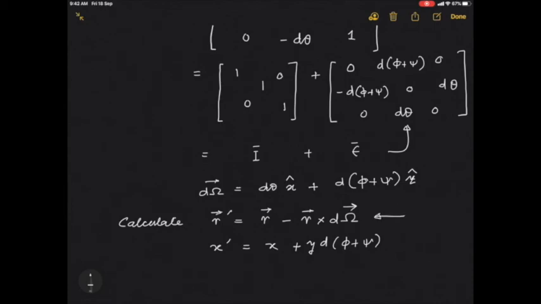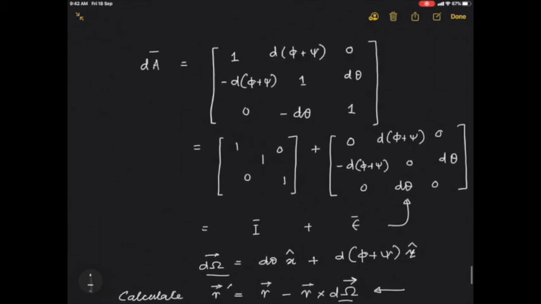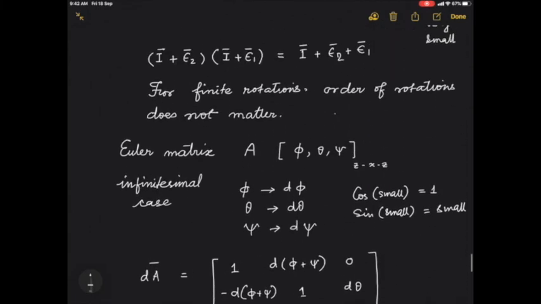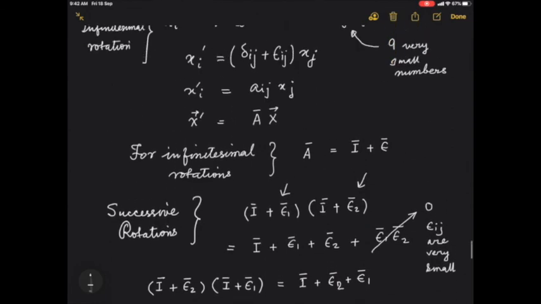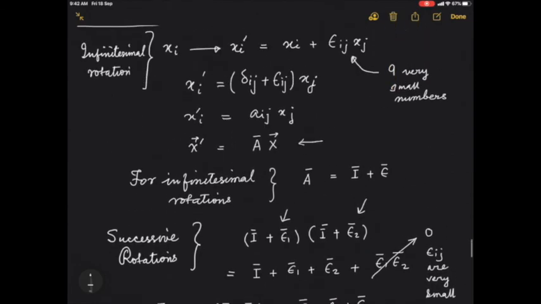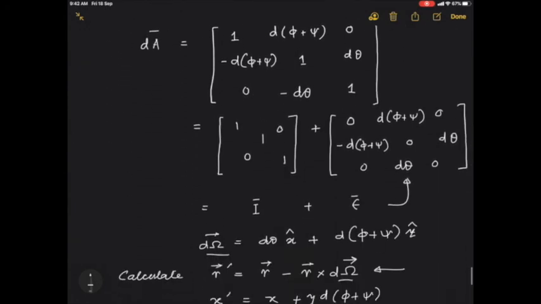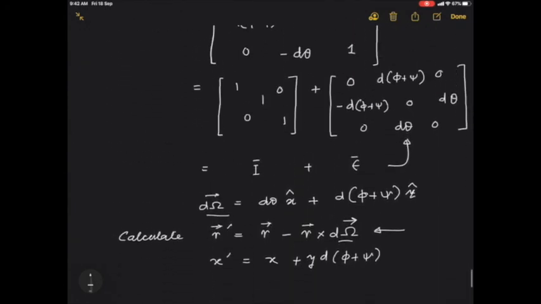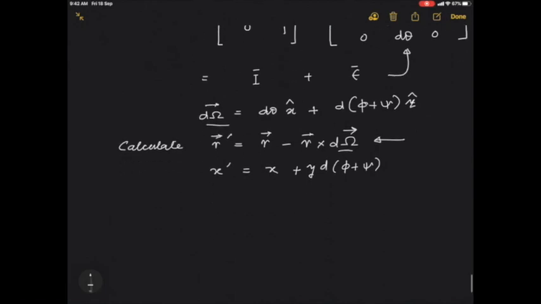You can check that if I use this d omega here, I will get this, and then we calculate x prime using dA, so that is what we wrote down here. You will get the exact same thing.